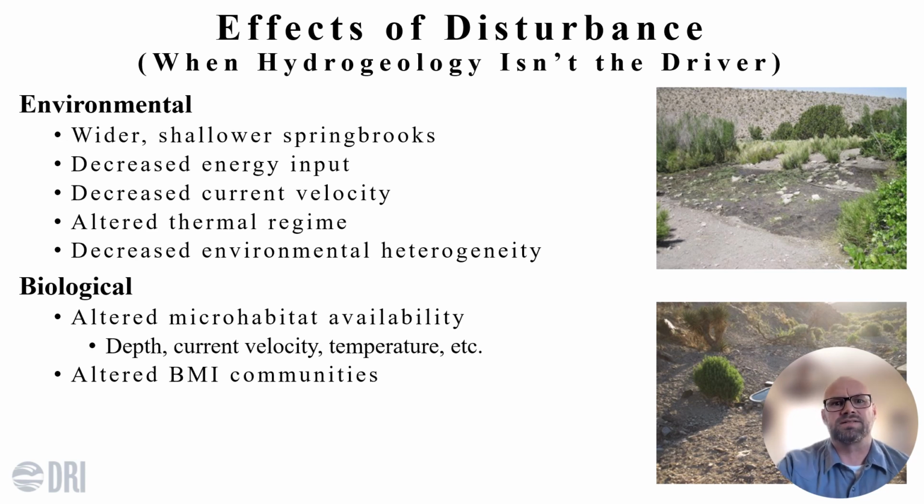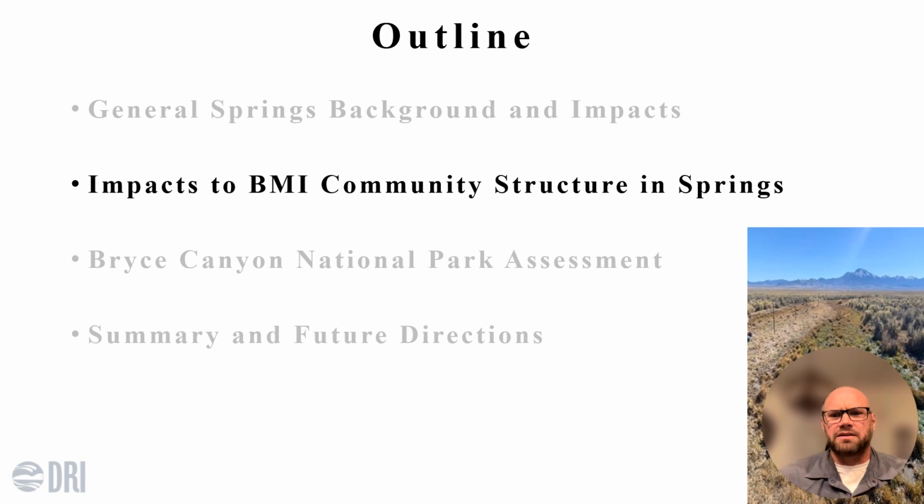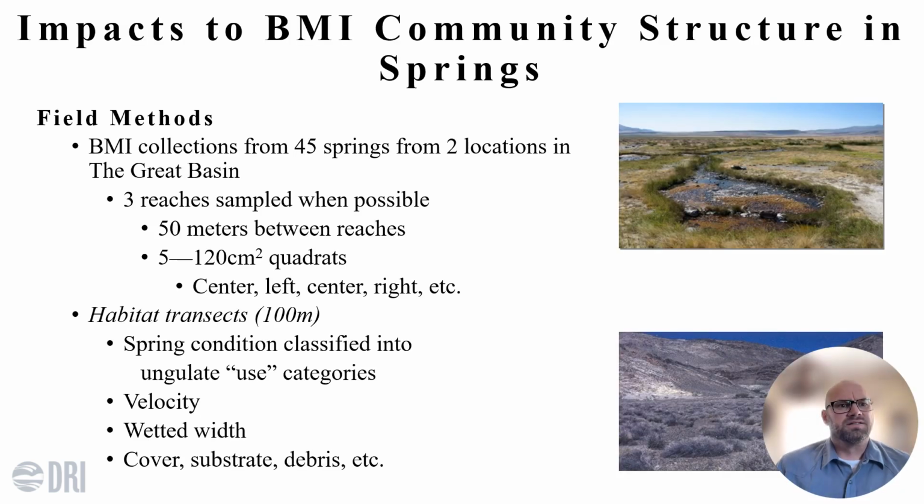Now I'd like to move into a case study looking at the impacts to BMI community structure in springs. We ended up collecting BMIs from 45 springs from 2 different locations in the Great Basin.